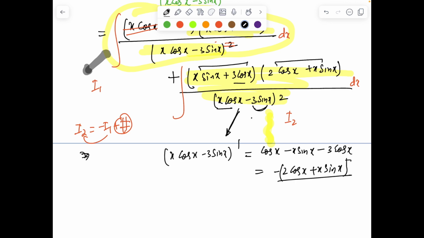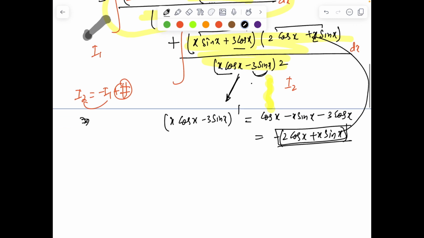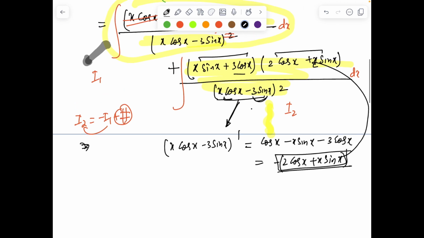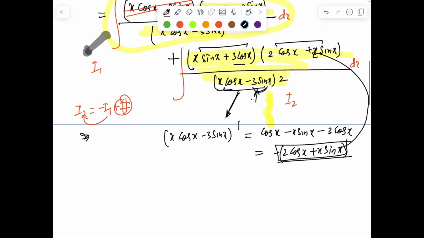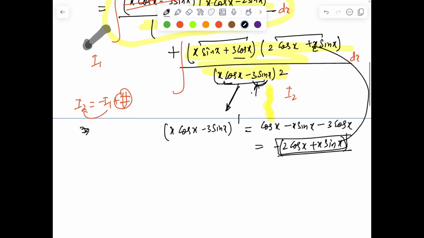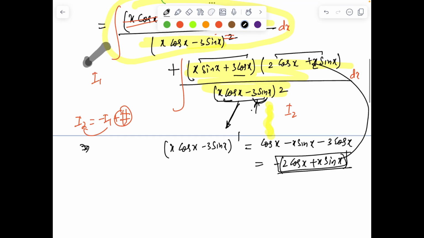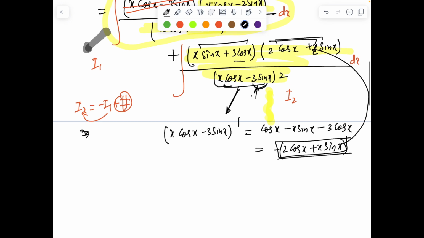So by taking minus common, we got exactly the same expression as is demanded in the problem over there, right? So with this motivation, we can probably take x cos x minus 3 sin x as t, and that will develop this part.